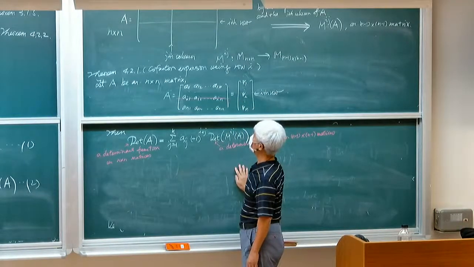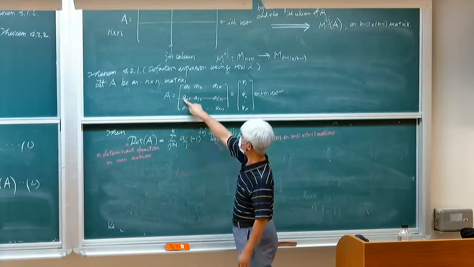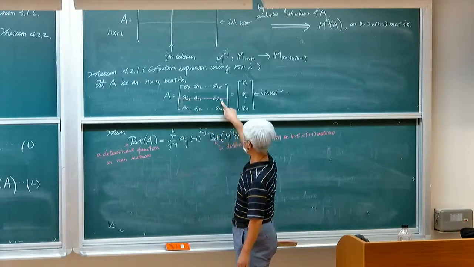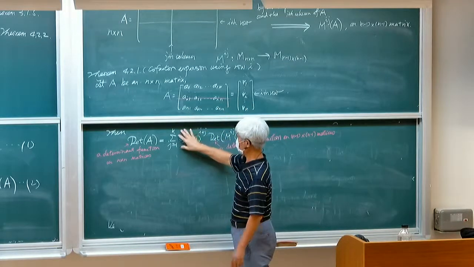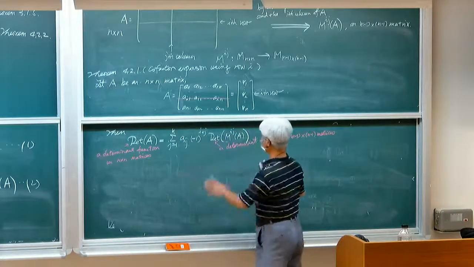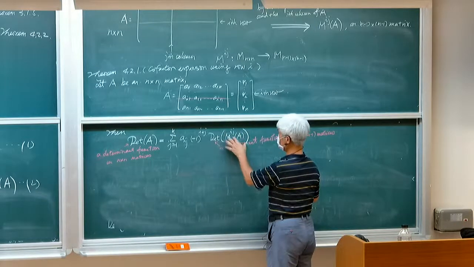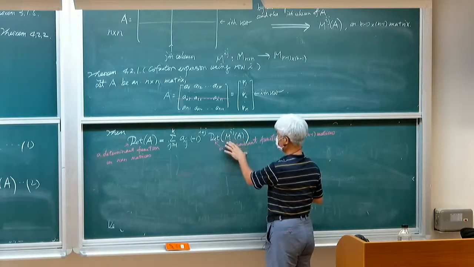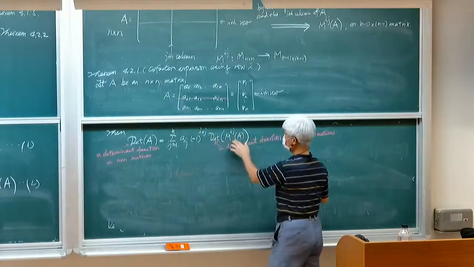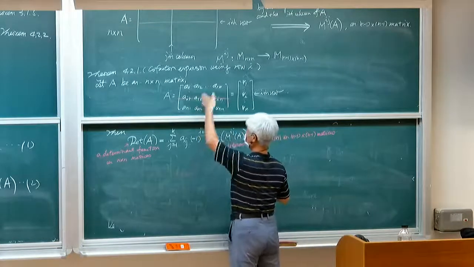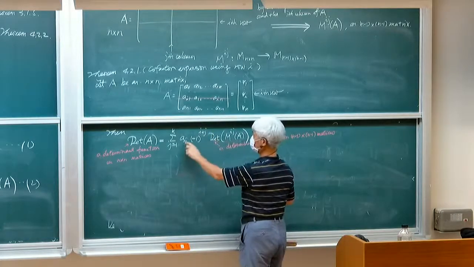Okay. So Aij is Ai1, Ai2 up to Ain. They are entries of the ith row. Okay. And this (n-1)-dimensional matrix is obtained by removing the ith row and then removing the jth column corresponding to Aij.